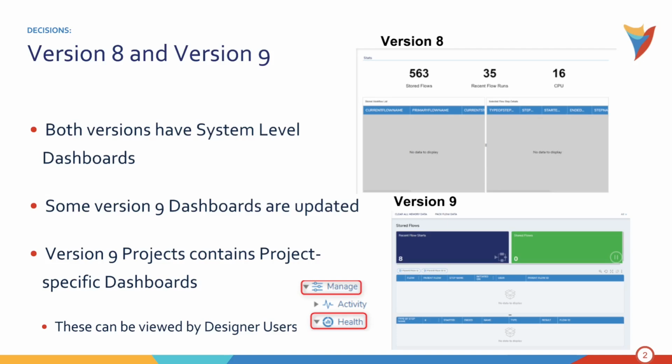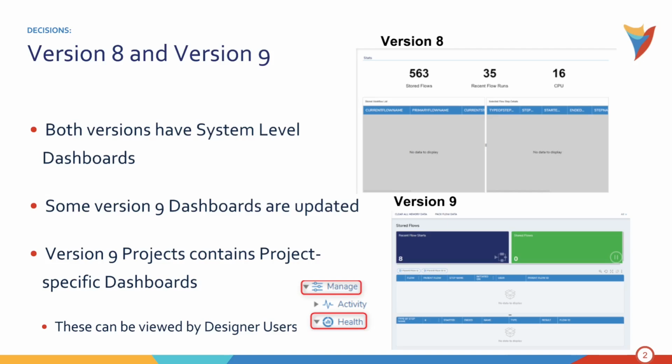Some of them may be removed, or some of them may be completely moved to version 9 projects, which is the next point I want to make. Since we have projects now in version 9, some of these dashboards may be accessible either only in the project view or also in the project view.